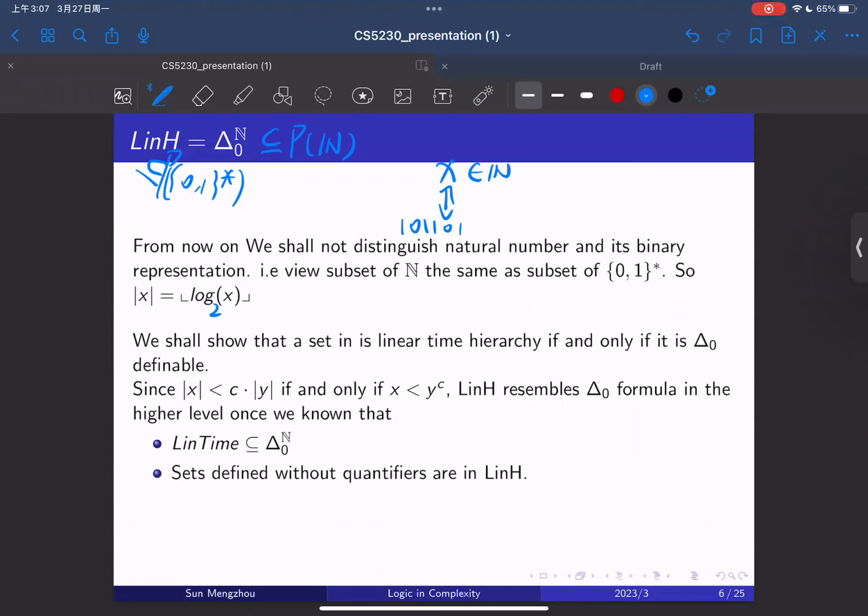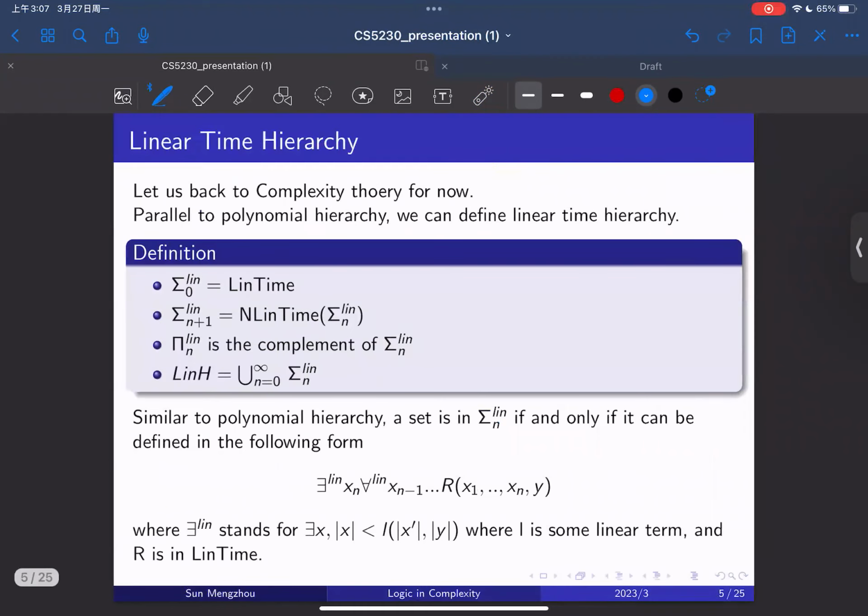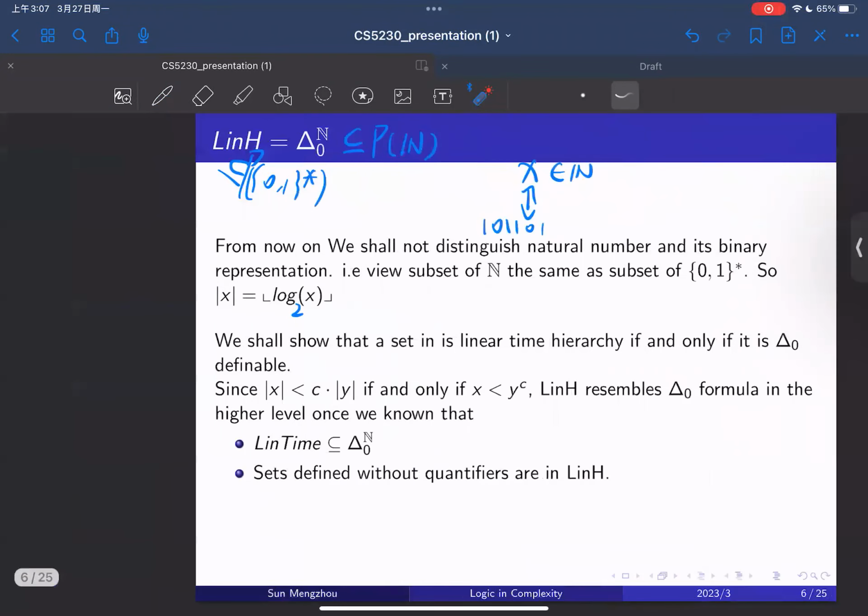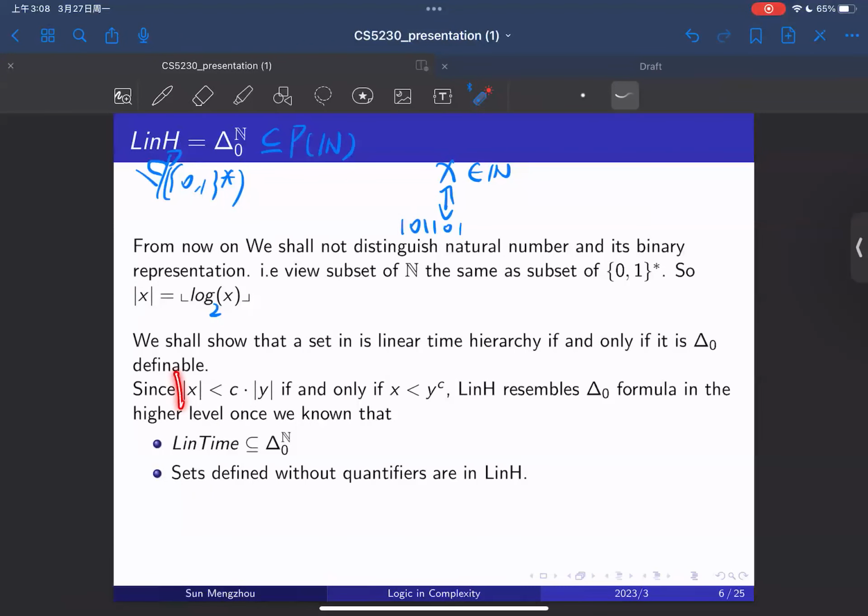So how are we going to show that the linear hierarchy is actually the same as the Delta 0 definable subsets? Here the quantifier part is the same. In the definition of the linear time hierarchy, all the quantifiers are in this form: there is x, the length of x is bounded by some linear term in y.